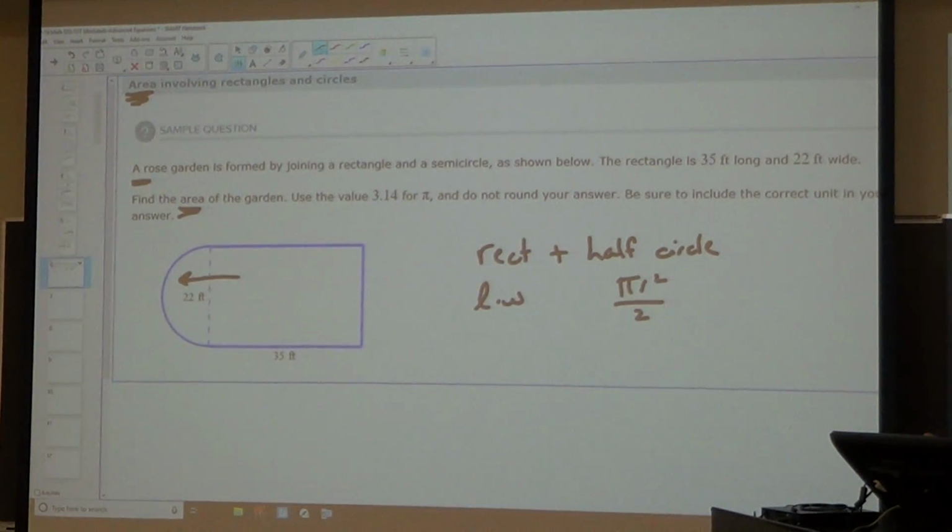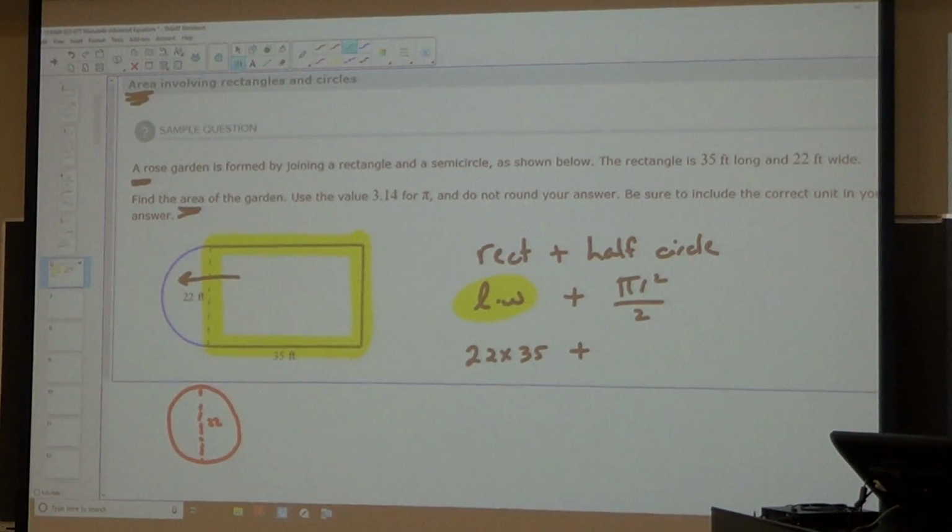So, what is the length and width of my rectangle? 22 by 35. And we are adding because we're poking out. And my circle, if I draw my circle here, what is the diameter of my circle? 22.